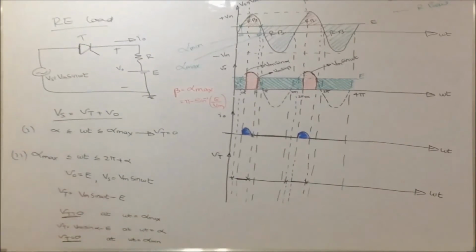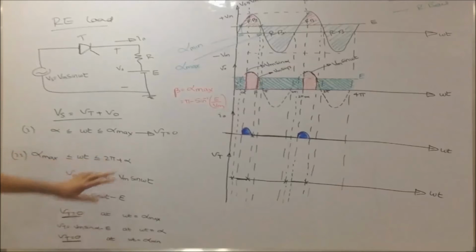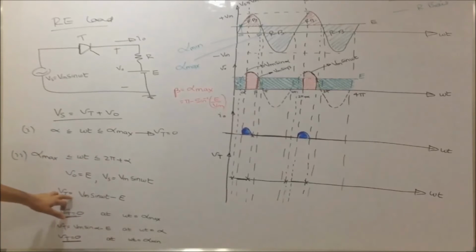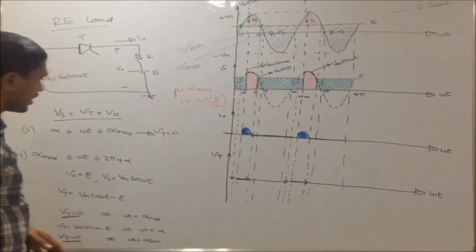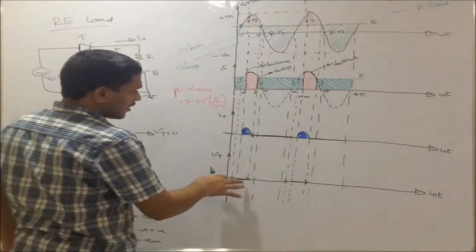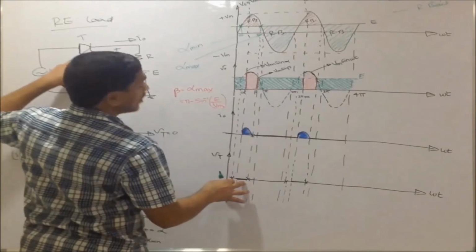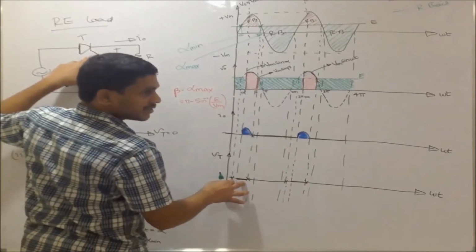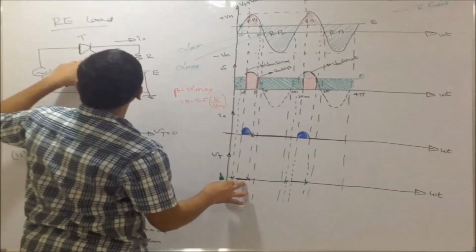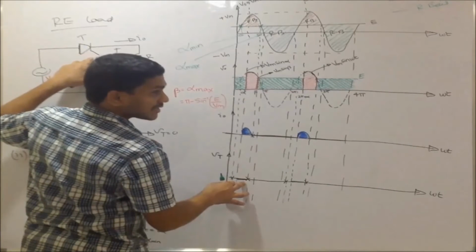The remaining thing I have to draw is from alpha max to 2 pi plus alpha. This is the waveform of Vt. Vt is Vm into sin omega t minus E. When I go beyond alpha max, the voltage across the thyristor becomes negative. That's why it is reverse biased. At omega t equal to alpha max, the voltage across the thyristor is 0.